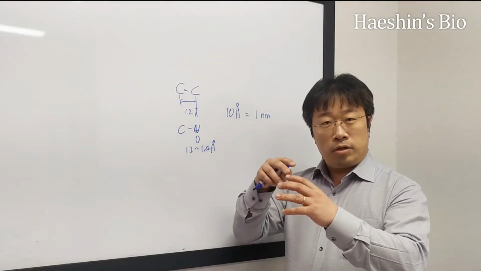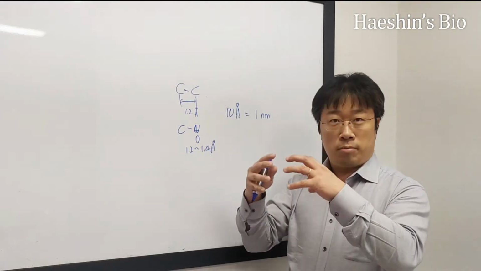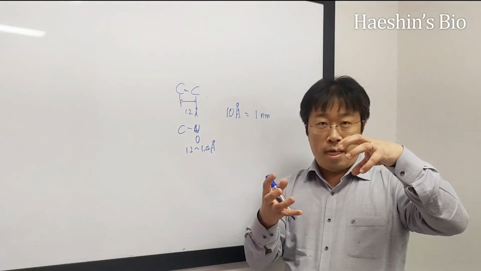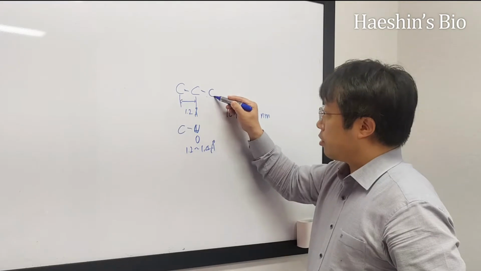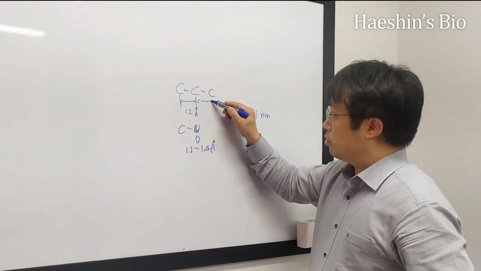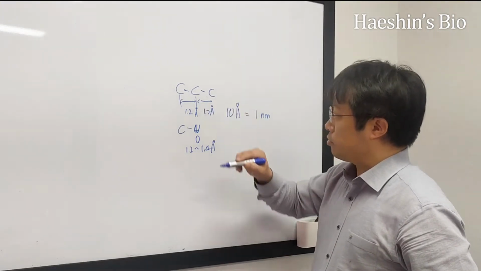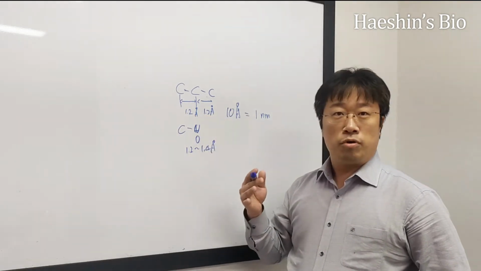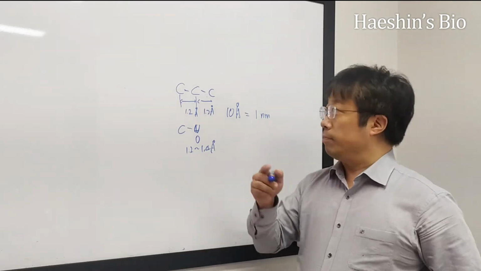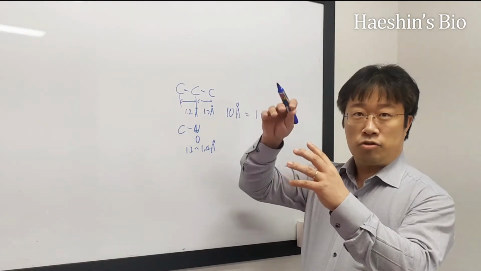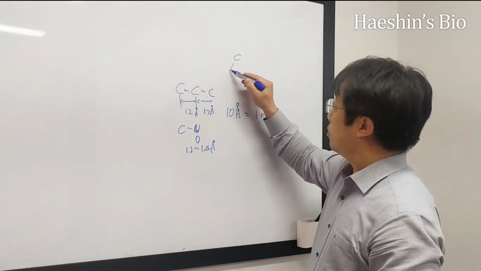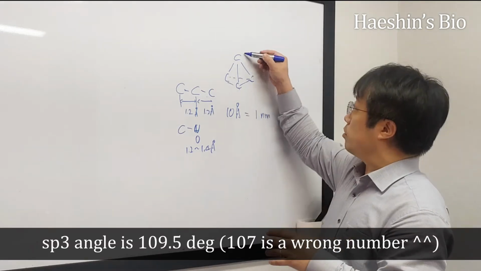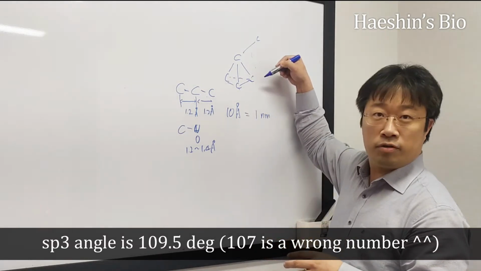But you have to think about the angles. Say you have a carbon here and a carbon here, which is 1.2 angstrom, and then another carbon, another 1.2 angstrom. You might think 1.2 plus 1.2 is 2.4, but that is wrong, because we actually have tetrahedral structures like this, with a certain angle between the carbons.